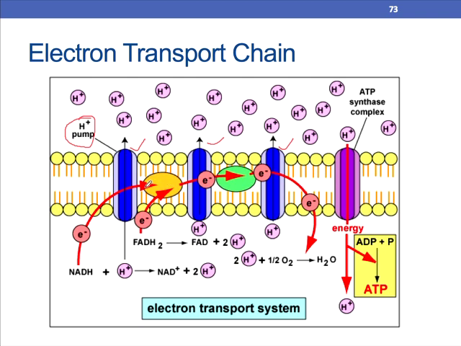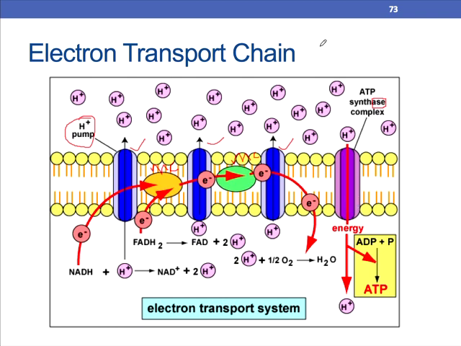These other ones are not hydrogen pumps, but they are carrier molecules, non-protein in nature, and they are also part of the electron transport chain. In addition, there is an enzyme that forms part of the electron transport chain known as ATP synthase. The ASE indicates that it is an enzyme. It is, however, enclosed in a membrane as shown here.